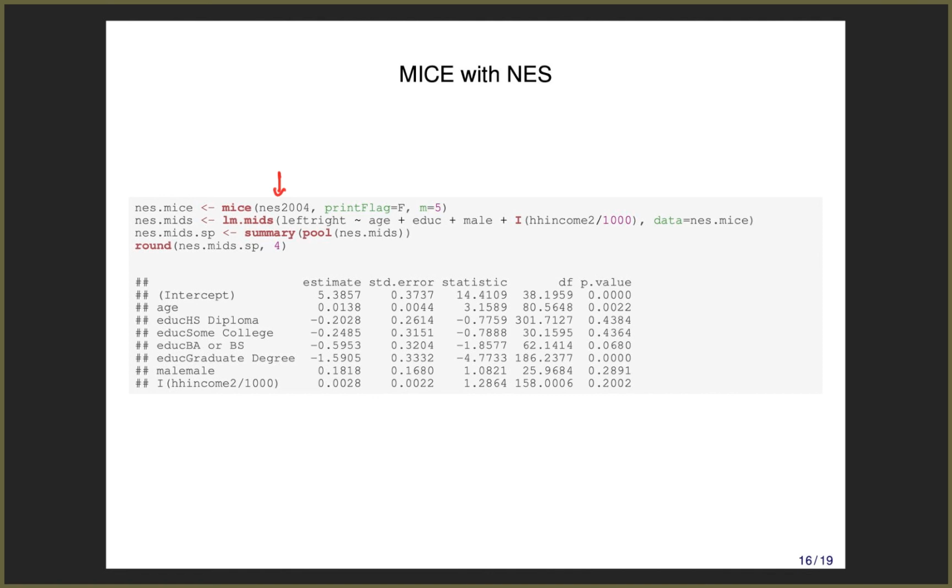So here, you want to make sure to subset your data so it only includes the variables that you want to be imputed. This can be a lengthy procedure, and so you don't want it to be imputing a lot of data that you don't need. M is the number of imputed data sets that we're going to generate in the end.